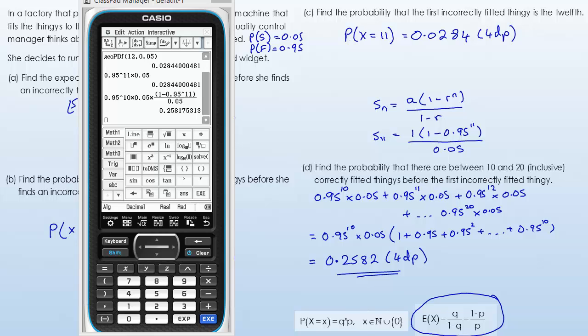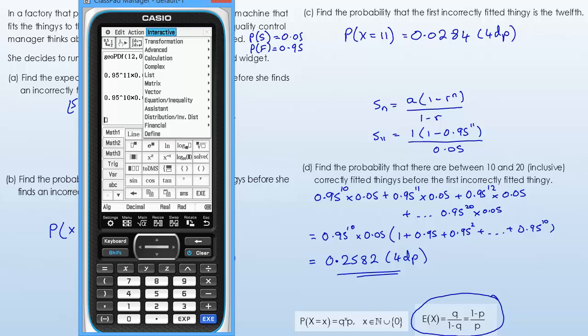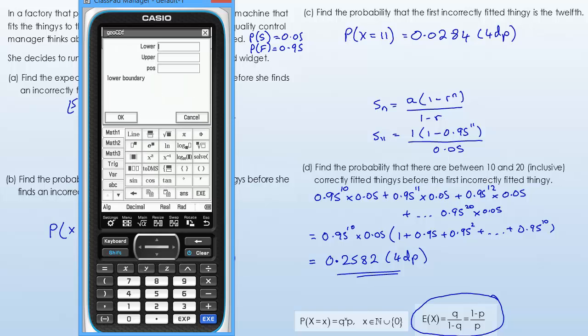Now, can the calculator help us out with this? Well, yes, it can. Interactive, distribution, discrete, but this time we want GeoCDF. That means cumulative distribution function. It will add up a range of values, which is exactly what we want here. But just remember, as we did here, we had to go up to 12.